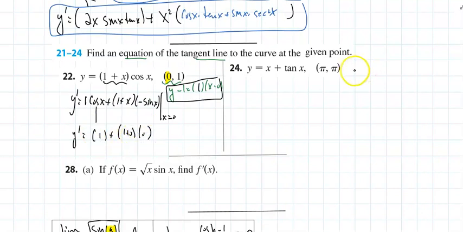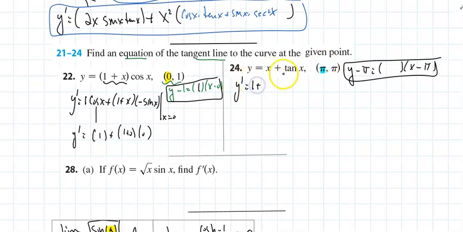And the same deal here, y minus y1 equal m into x minus x1. I want to figure out what the slope of the tangent is at pi. Well, y prime is going to be derivative of the first plus derivative of tangent is secant squared of x.